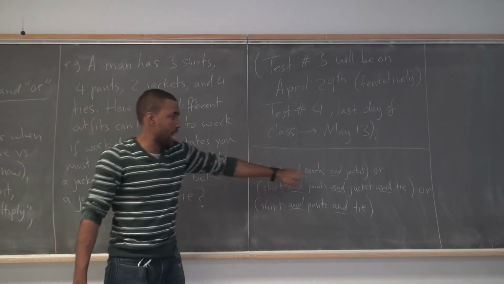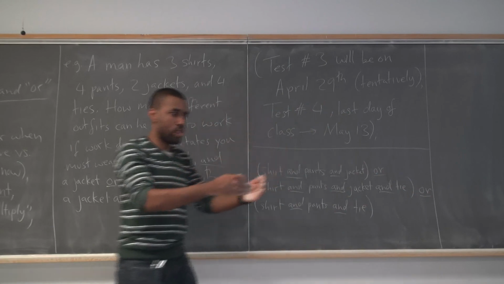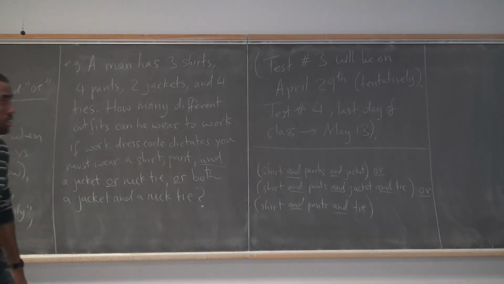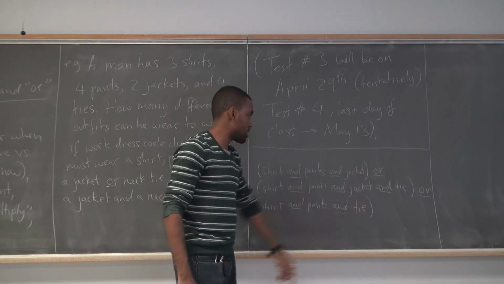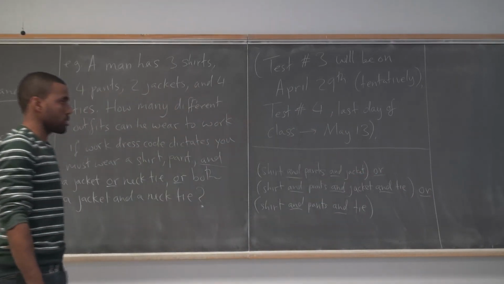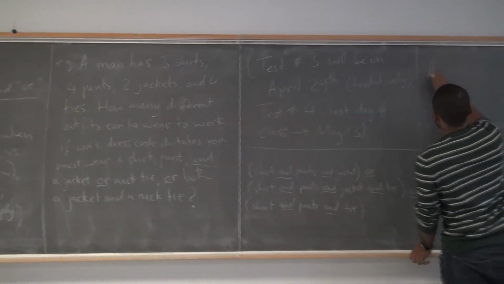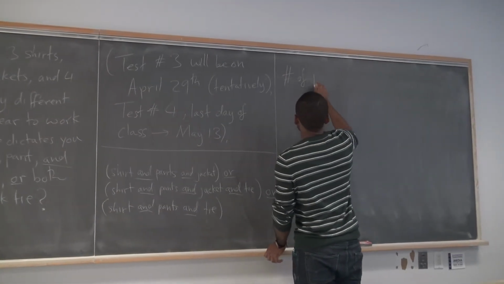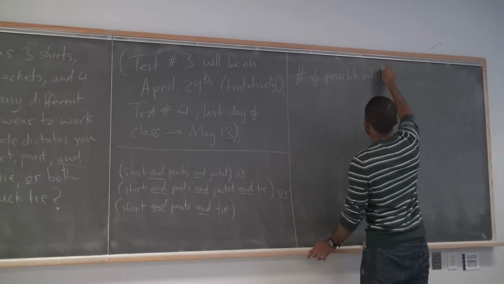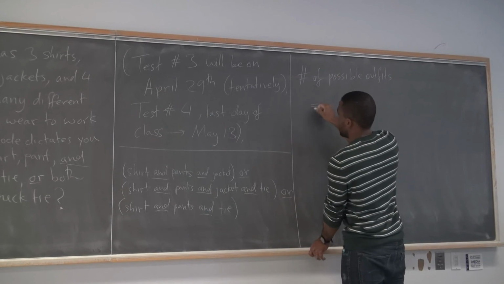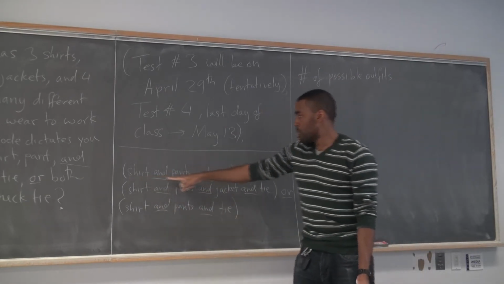Notice that I rewrote it with and or, because I'm going to directly translate these into multiplication. All the ands I'm going to translate to multiplication, and all the ors into addition. So the number of possible outfits is, well, remember this is a multi-stage experiment.